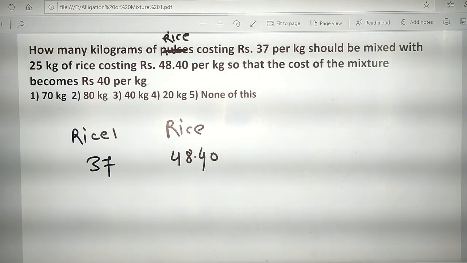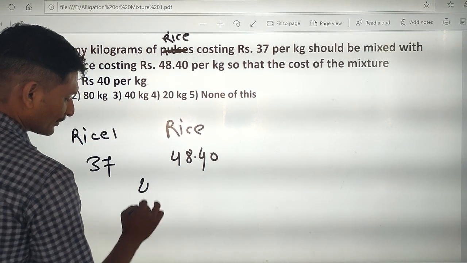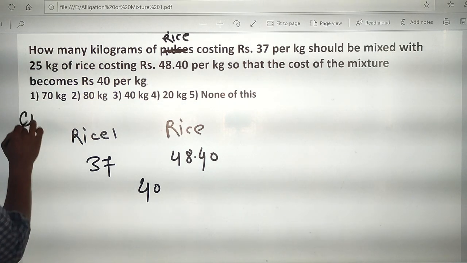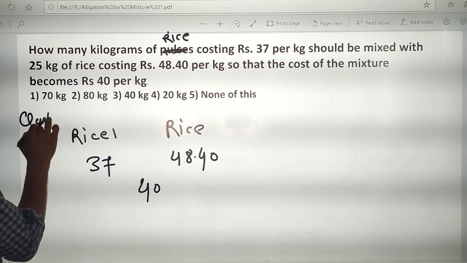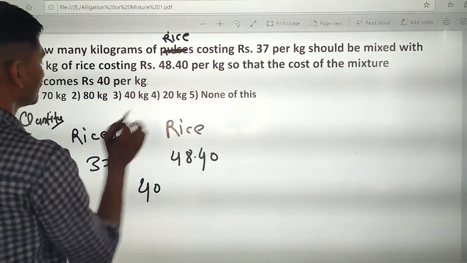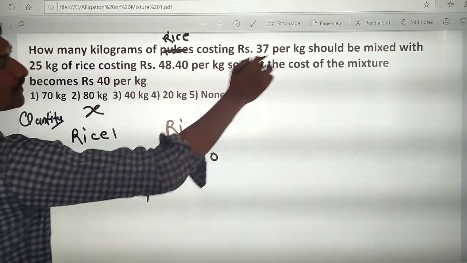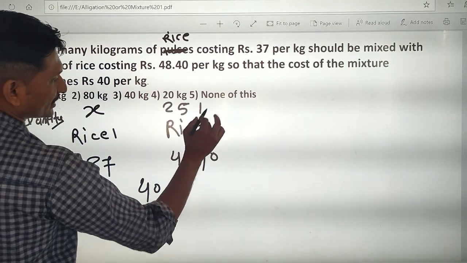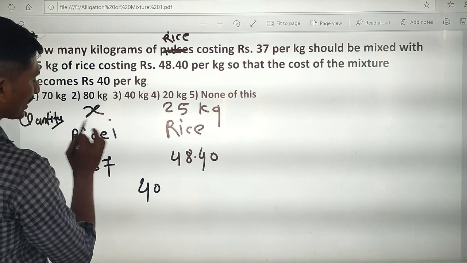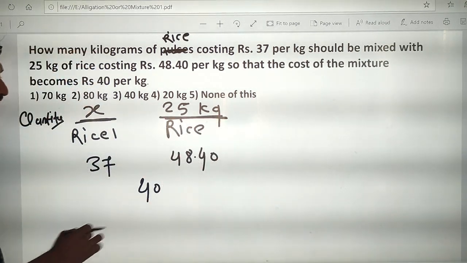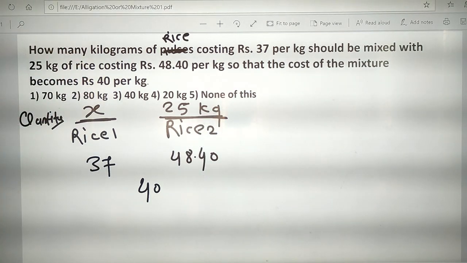Here two rice are mixed, then your mixture is 40 rupees per kg. The quantity of rice 1 is to be found out, and the quantity of rice 2 is given, 25 kg. Quantity of rice 1 is x and quantity of rice 2 is 25 kg.